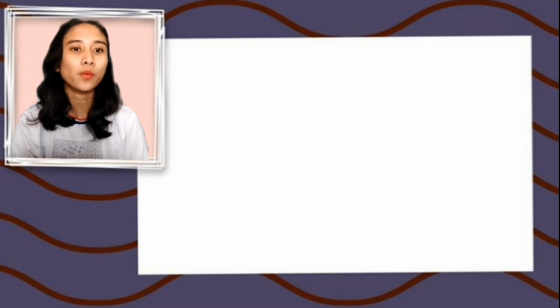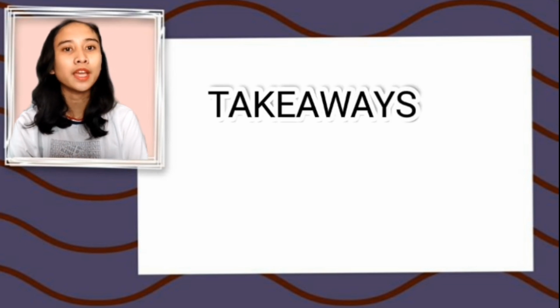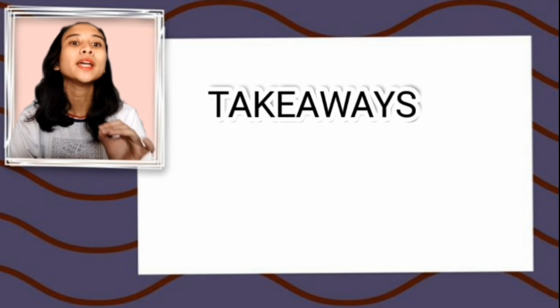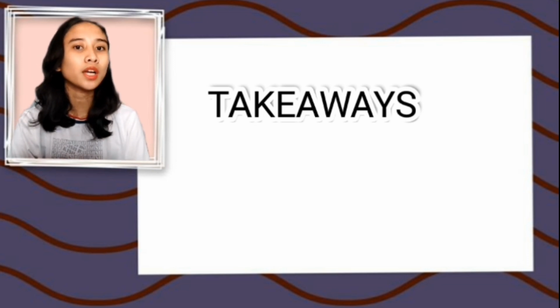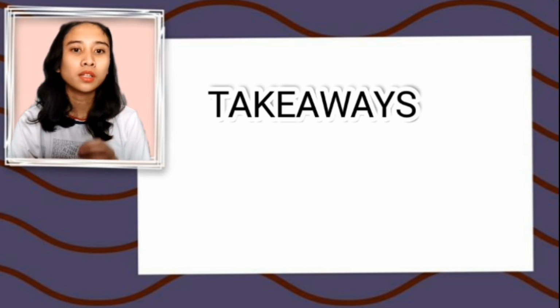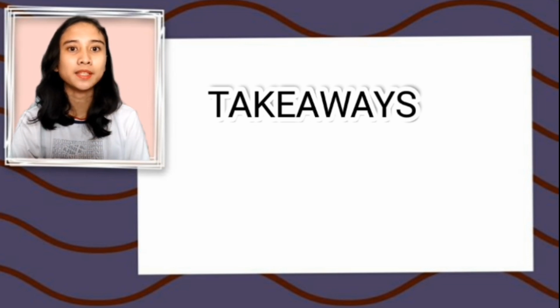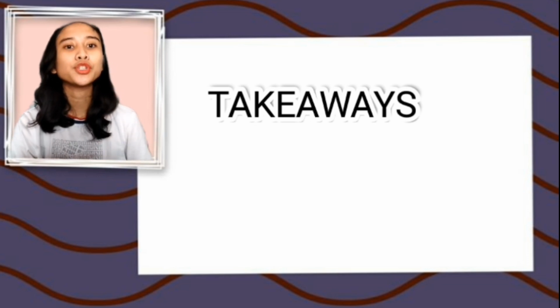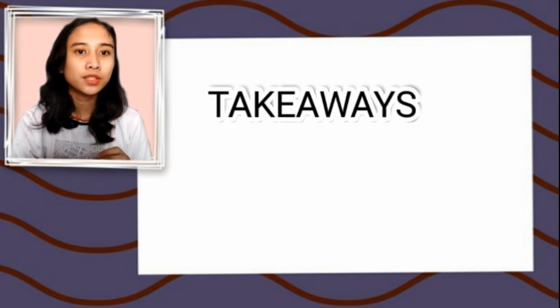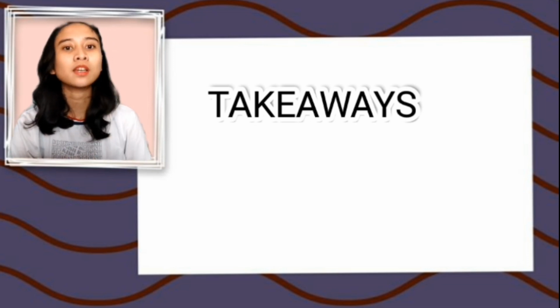Here are the takeaways. At the end of the day, a learner-centered classroom is one that is organized, engaging, and supportive. It's about structuring a physical space to suit different learning needs, establishing clear routines to maintain order and consistency, creating a positive and respectful social environment, and encouraging motivation through intrinsic and extrinsic methods.